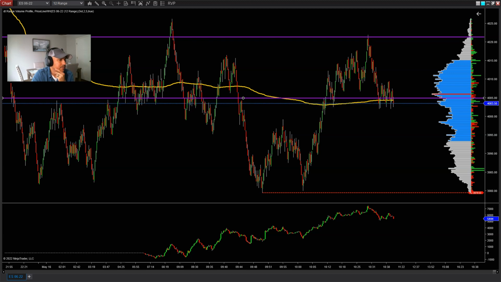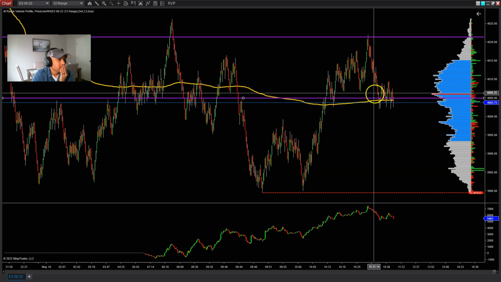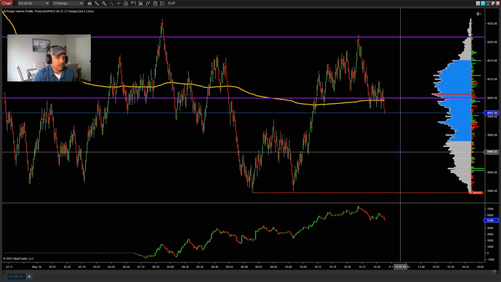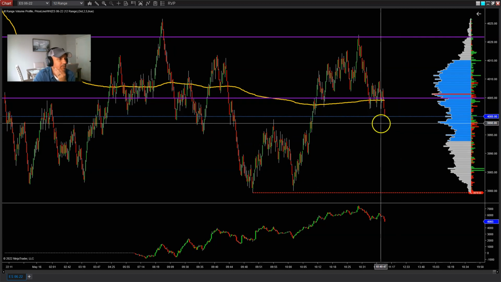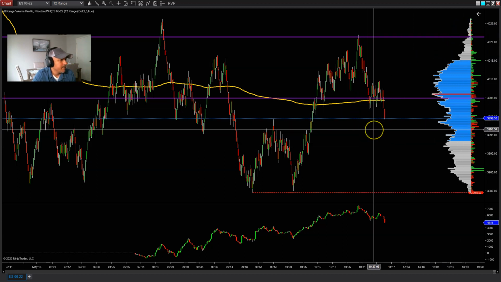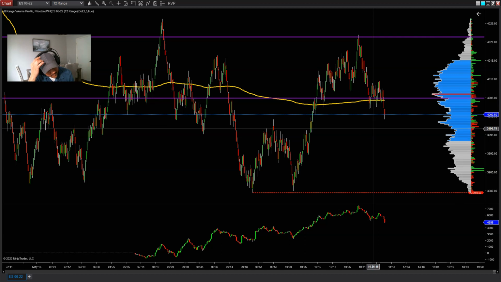Could break lower, so breaking lower. You guys can see that. We are breaking lower.